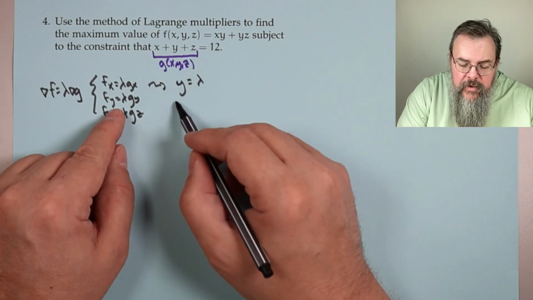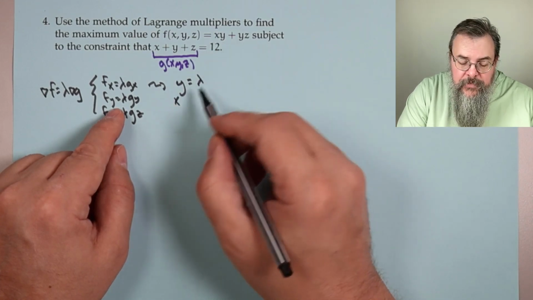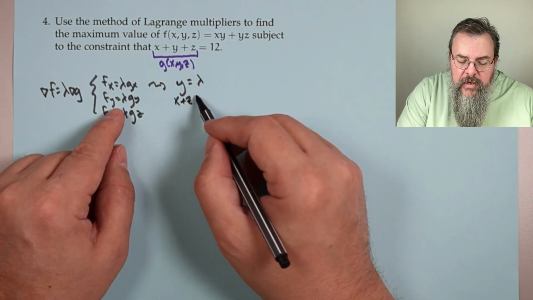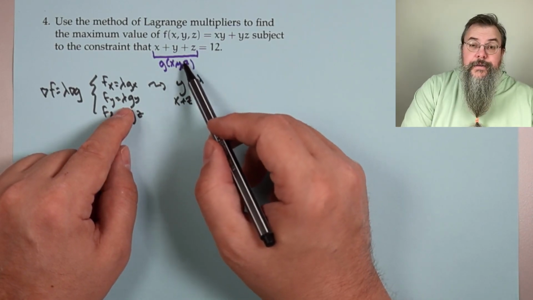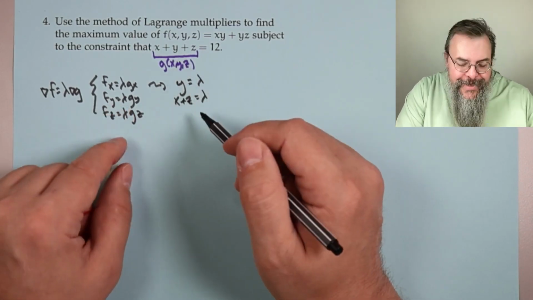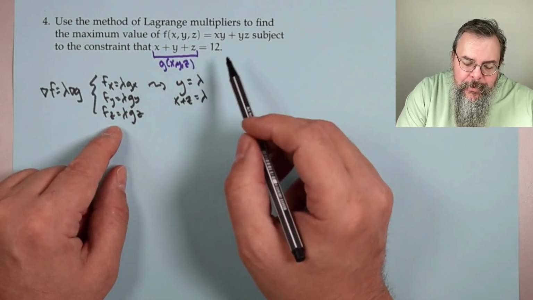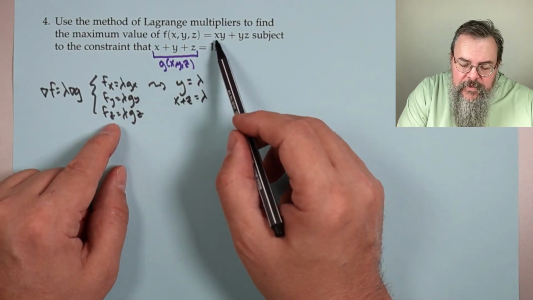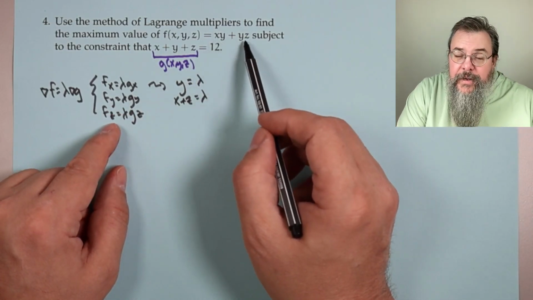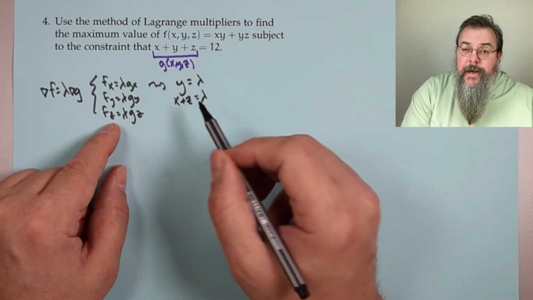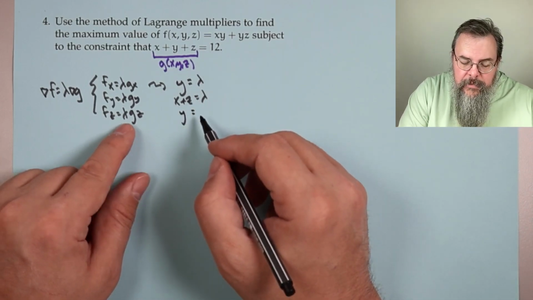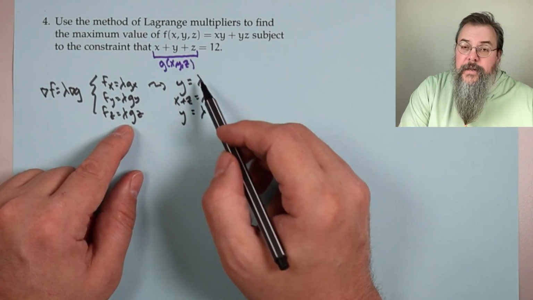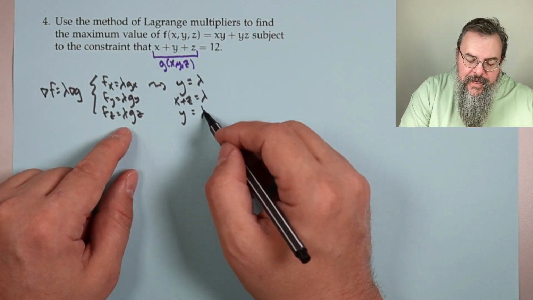It's an x and a z. So x plus z equals lambda. What's g sub y? 1. Oh, that was easy. What about f sub z? Well, there's only one z, and that leaves us with y again. So y equals lambda g sub z, which is 1. Hey, how about that?